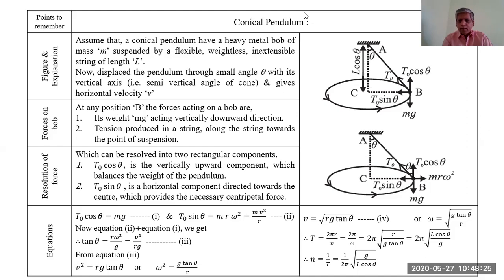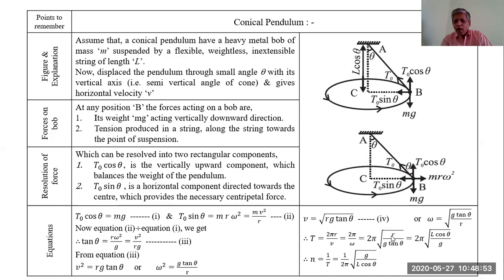From these diagrams, this is the radius, and sine theta equals r upon L. That means r equals L sine theta.